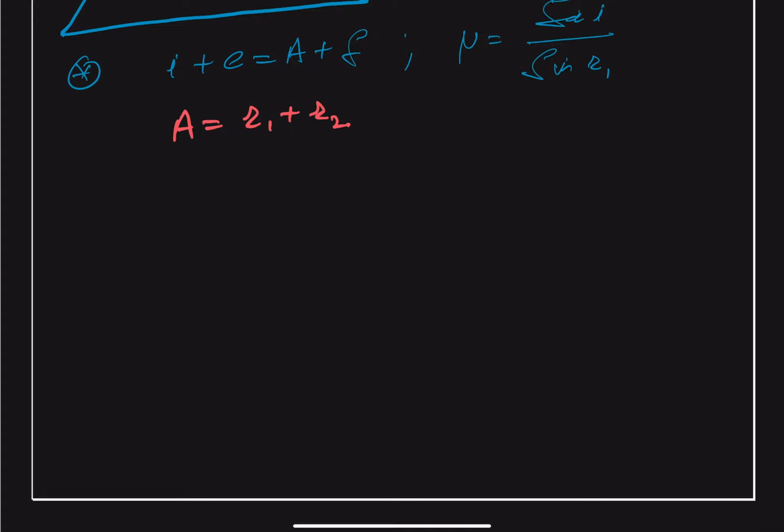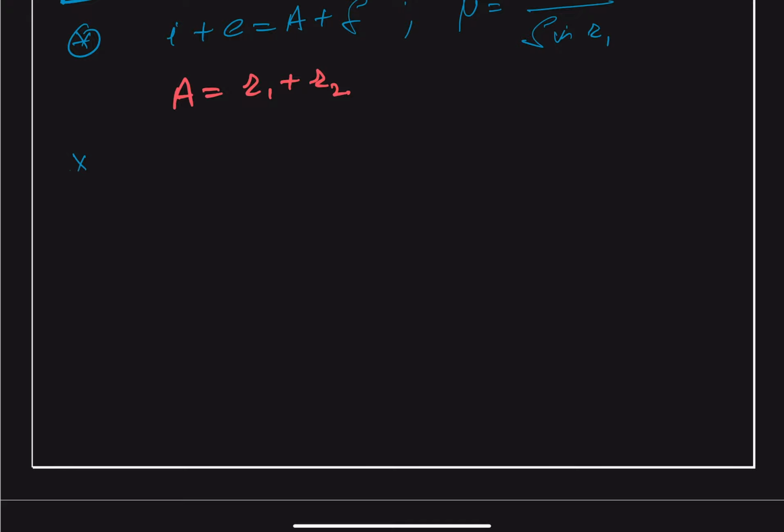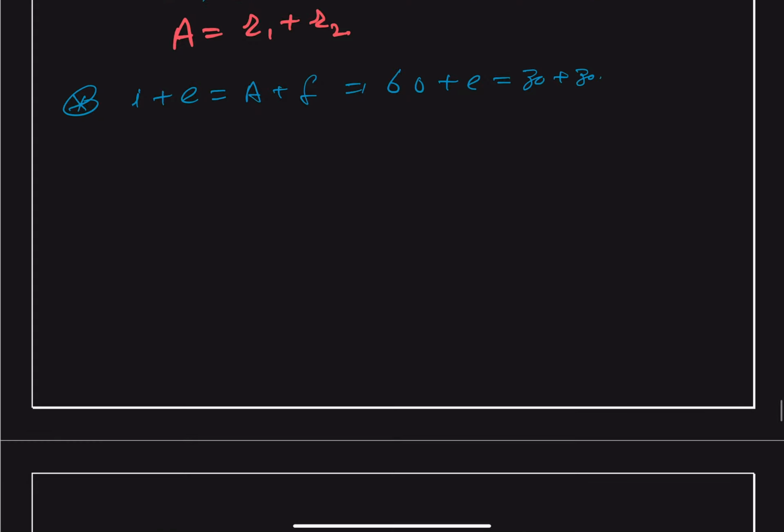First of all, we are going to find the angle of emergence, and that will tell us whether the ray is perpendicular or not. Using the first formula, I plus E is equal to A plus delta, we have 60 plus E is equal to 30 plus 30, and this gives us that the angle of emergence is equal to 0 degrees.